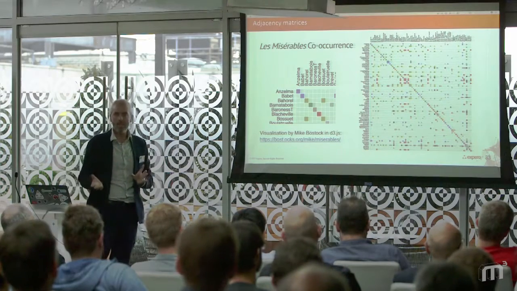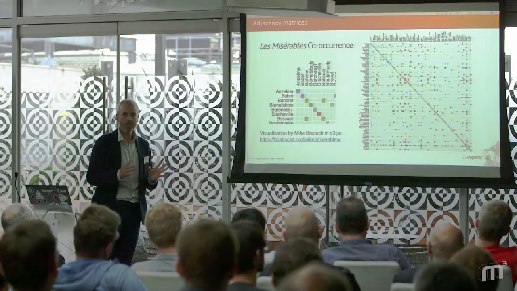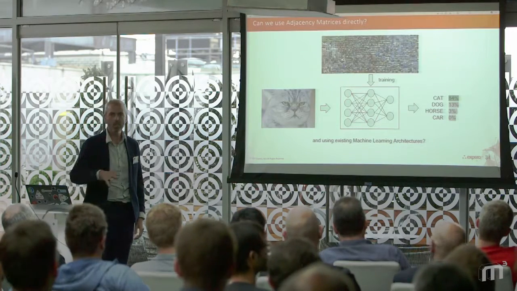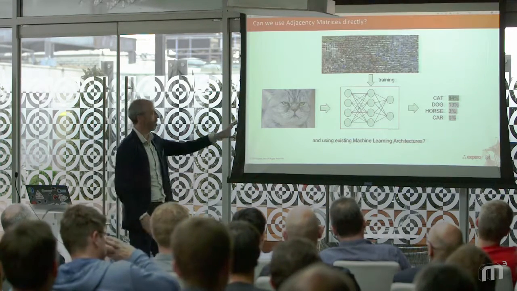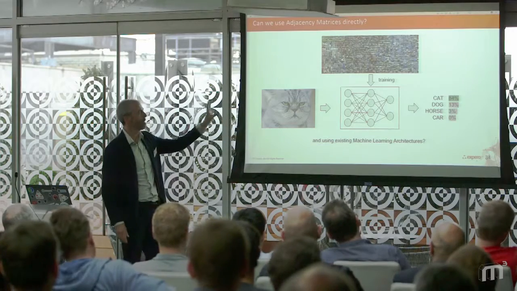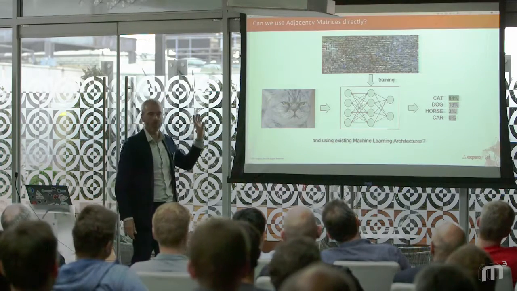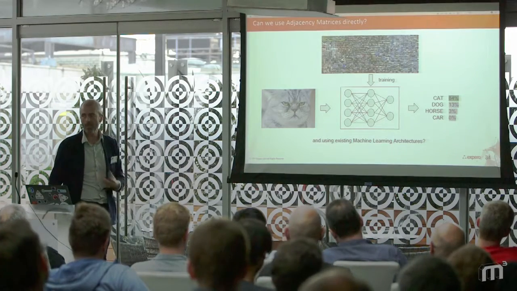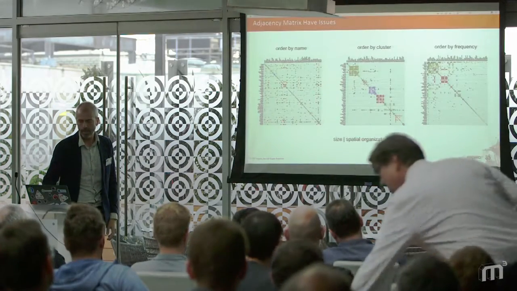So that looks like an image. Why not put that directly through an existing structure? Wouldn't that be great, to be able to use existing neural network architectures, for example, that we've already trained on images, and actually push entire adjacency matrices through in order to classify graphs, in order to transform graphs?